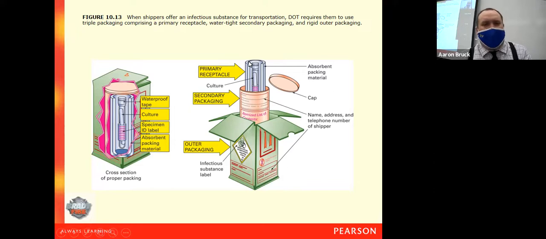This is some kind of absorbent packing material, something that is going to be able to keep moisture out. Could be something like styrofoam, could be something like a soft absorbing kind of cardboard, could be a number of different things. Inside of that contains the waterproof culture specimen tubing.